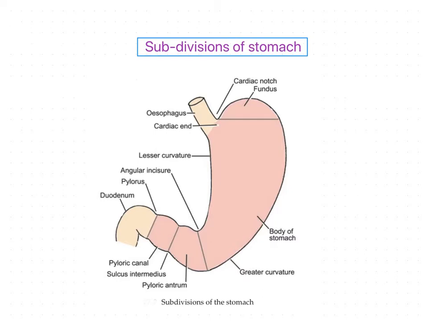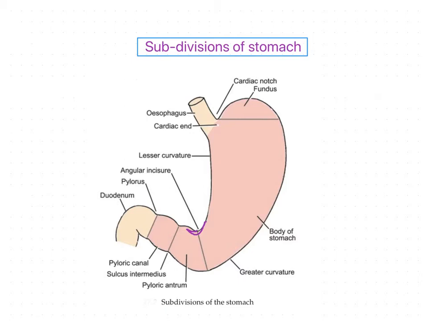The stomach is divided into the cardiac and pyloric parts. Near the pylorus on the lesser curvature, there is an angular notch called the incisura angularis.